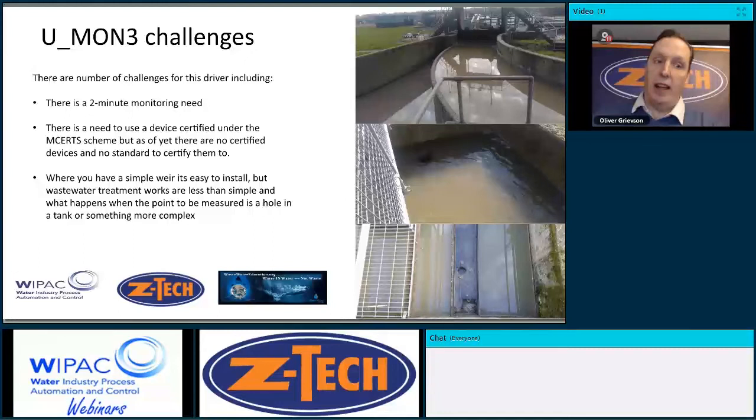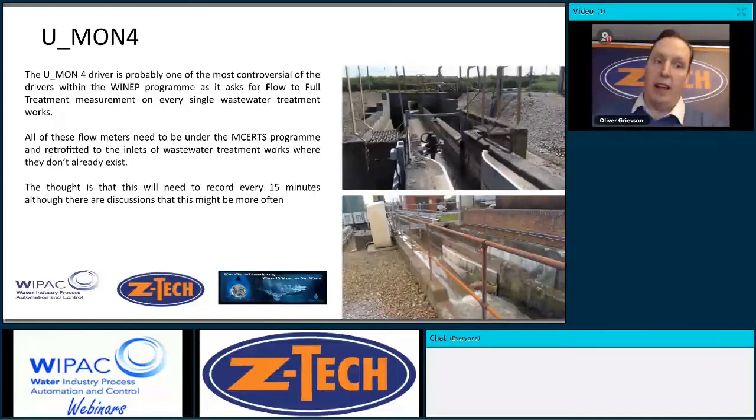Flow to and from storm measurement. UMON 4, flow to full treatment. UINF 2, an investigation driver based around, well, if I can't use a front end flow meter, can I use the final effluent meter and imply? UINF 5 and 6, which I won't touch on much, but I will touch on.